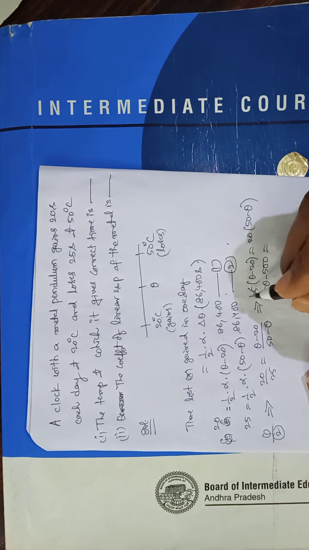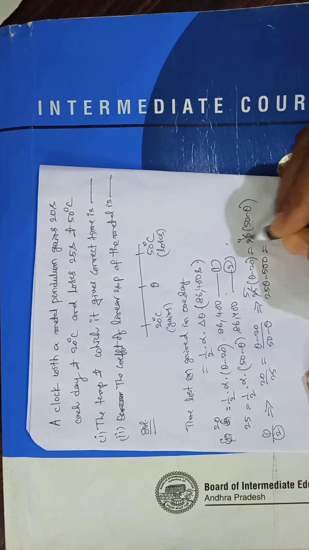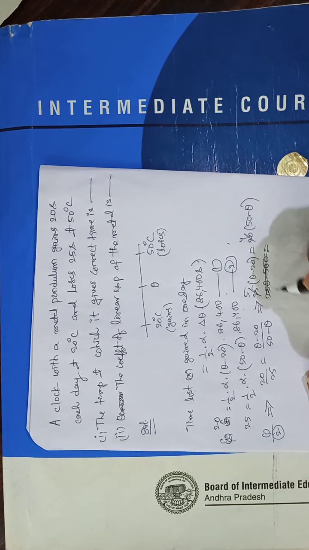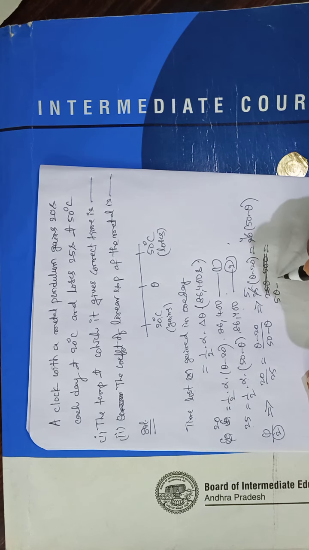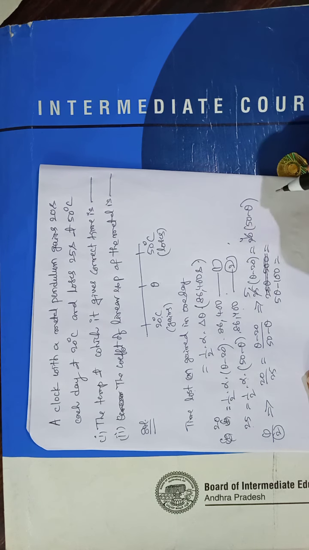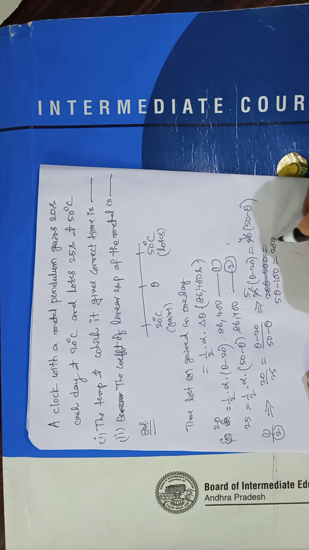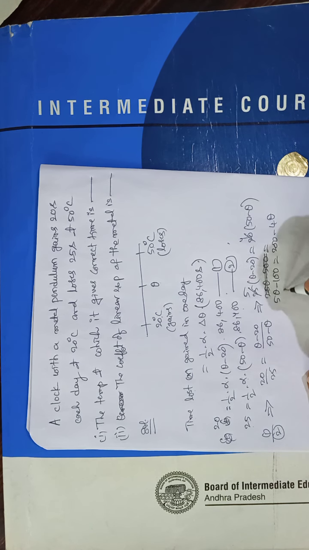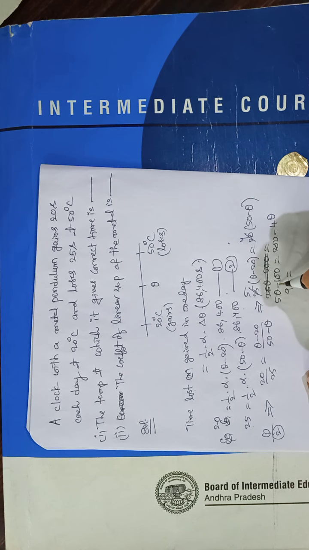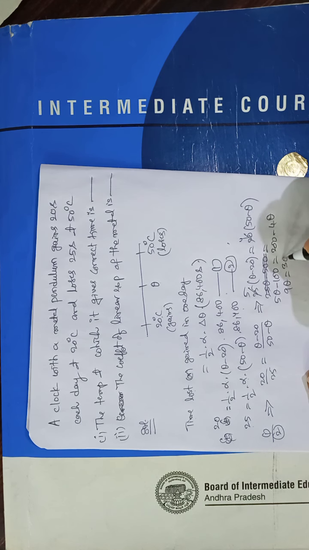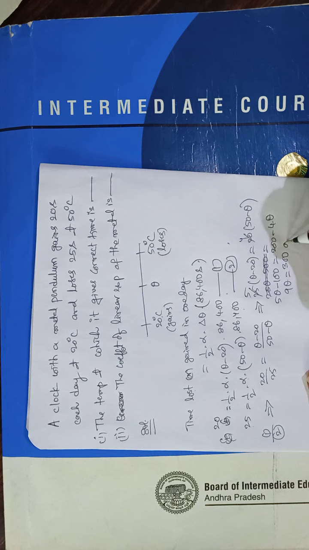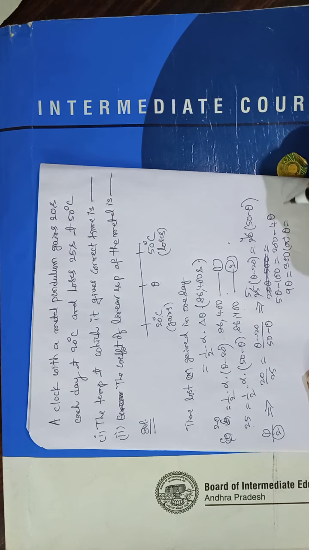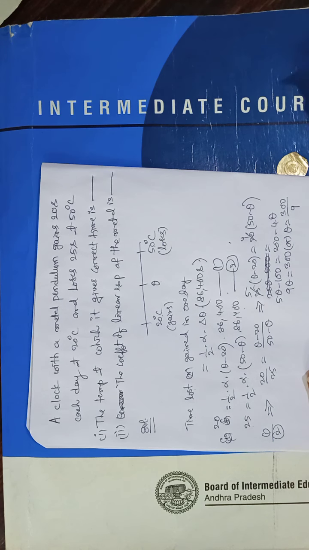Or let us divide by 5, so that 5 theta minus 100 is equal to 4 theta. 5 theta minus 4 theta on the left side, 9 theta is equal to minus 100, that side 300, or theta is equal to 300 by 9.